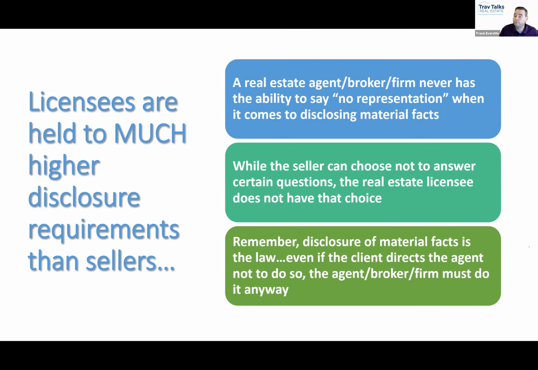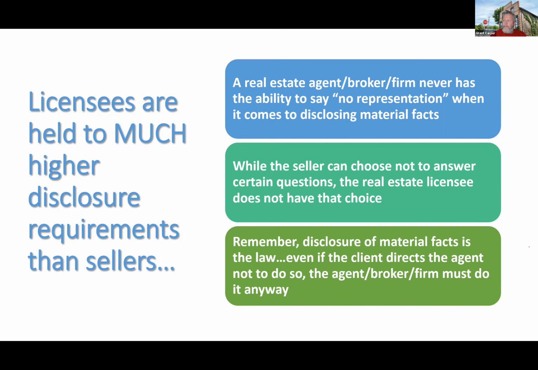In other words, we basically don't put any weight on the seller's answers. Our job is to disclose what we know needs to be disclosed, no matter what the seller chooses to do. As an example, if there's an obvious leak in the roof, is it possible for the seller to check no representation on that form, even if they know the roof leaks?